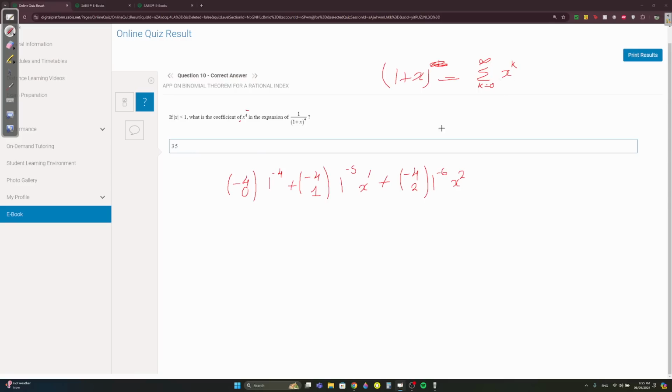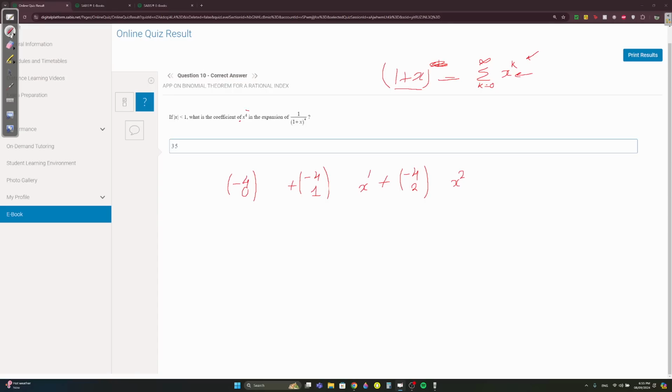Remember why? Because we can just get rid of the 1. If you have this 1 and keep on multiplying by x, what's the point, right? There's no point. So you can just get rid of this 1 over here, because 1 to the power of anything is just 1. It just makes all this solving way easier. How easy is it just to have this? So whenever you have 1 plus x, you can just use this rule directly.